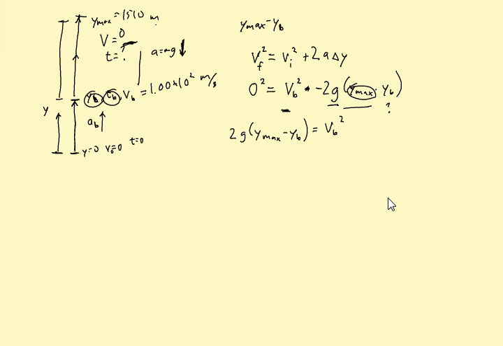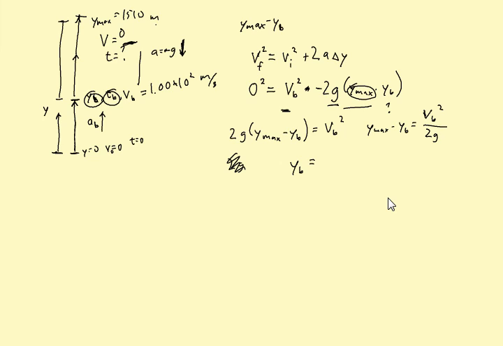Actually, let's do y max minus y sub b equals v at burnout squared over 2g.